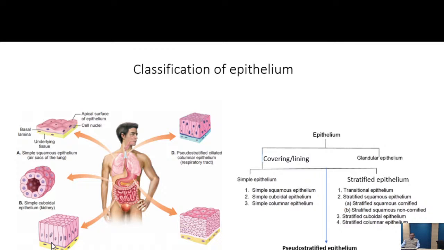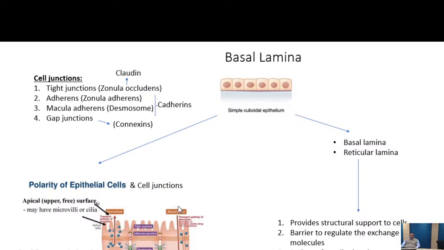Even the cells at the bottom, there is a very nice basal lamina there. These cells are also bound to the basal lamina by a specialized junction. These cell junctions ensure that the cells stay together and don't fall out whenever the organ is contracting or relaxing, or when we rub the skin, etc. The cells don't fall out just like that.